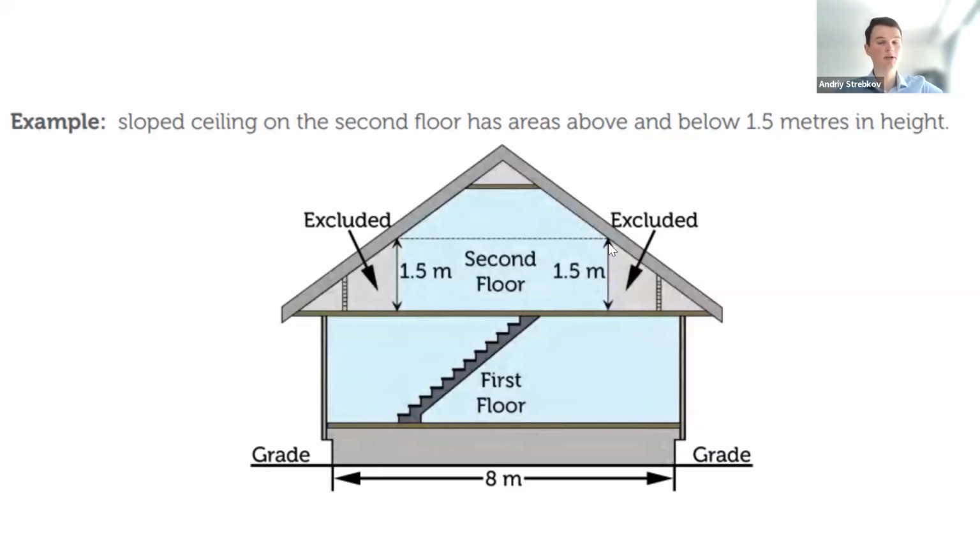But once it gets below 5 feet, you cannot include these pieces of the room. So it's only this area that can be included. It makes sense as well, because these areas are not really usable, they have very limited use. So according to the RMS standard, these areas would not be included.